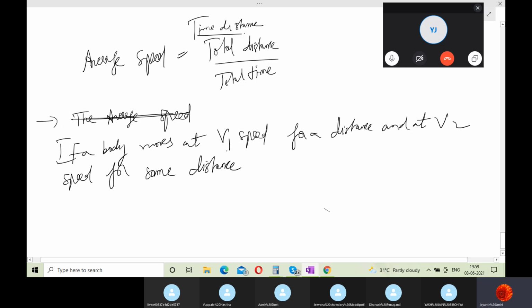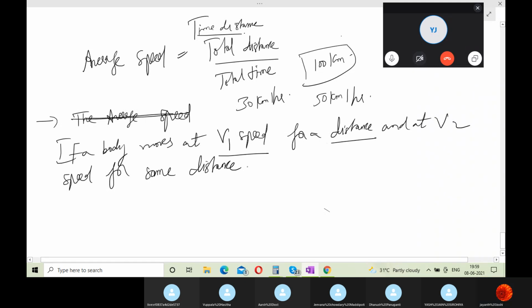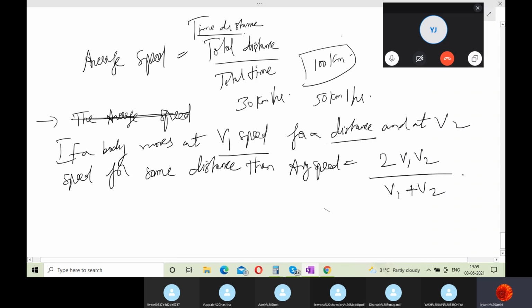Suppose a body is moving with v1 speed, say 30 kilometers per hour, for a distance of 100 kilometers, and at v2 speed, that is 50 kilometers per hour, for the same distance, that is 100 kilometers. Then if you have to find out the average speed, average speed is equal to 2v1 v2 by v1 plus v2. Please make a note of this formula.